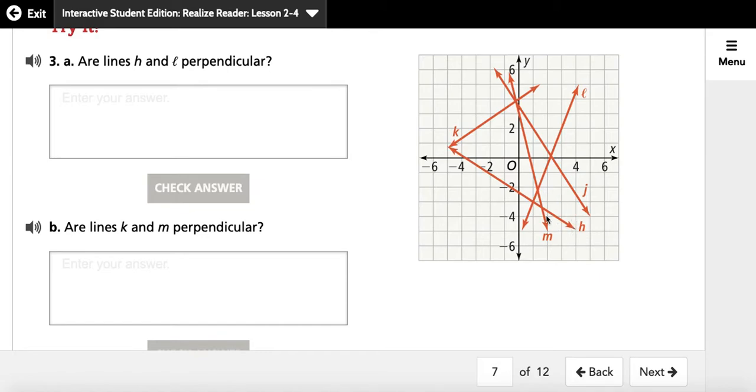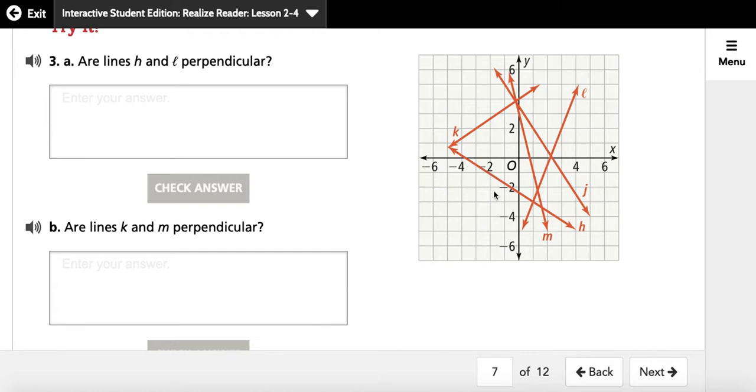Here's H. See if I can find 2 points. Right there. Since it's graph paper again, I'm going to do the ups and overs. I'm going to do the change in vertical over the change in horizontal. I get that point. I don't know if it goes through that point or not.